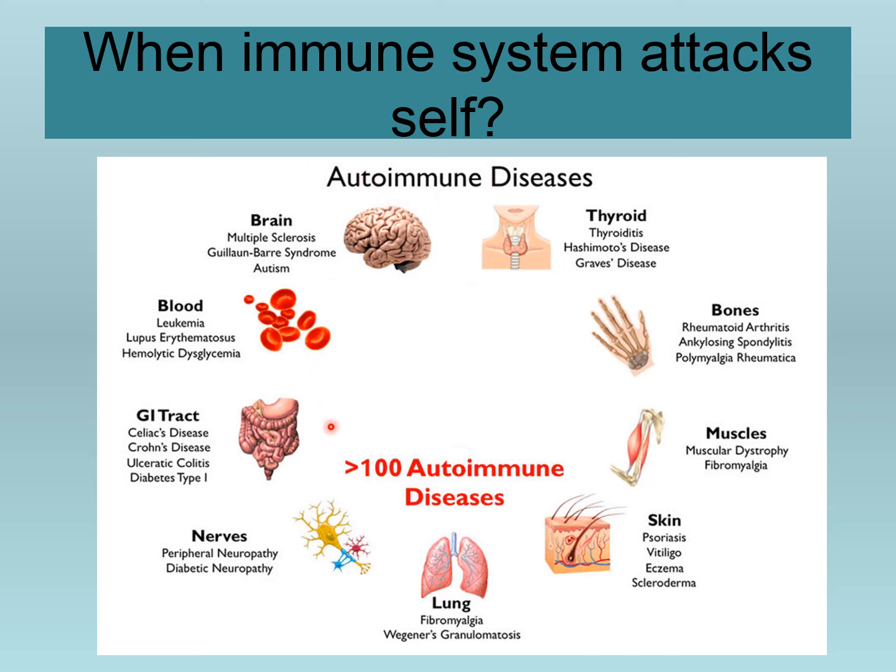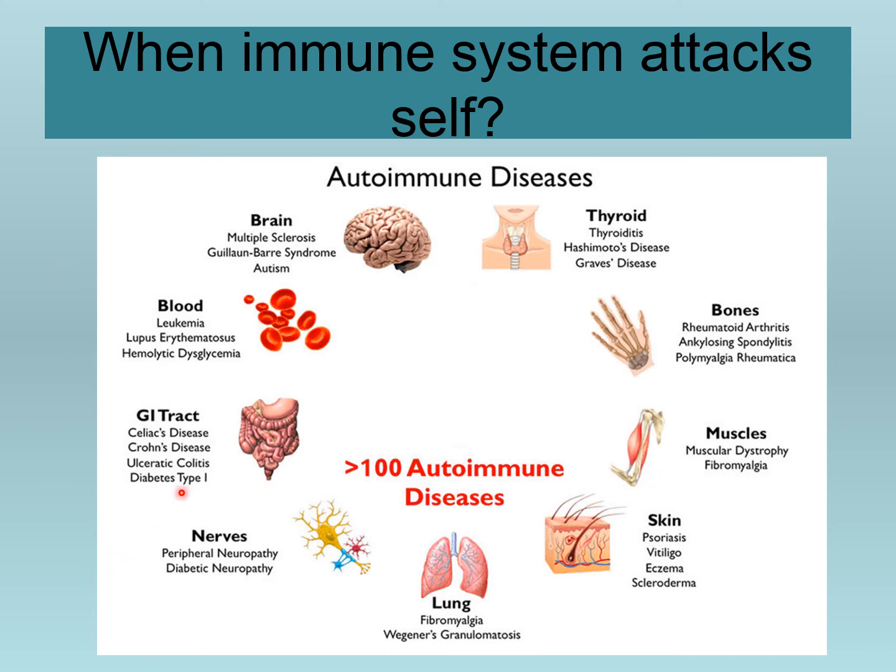Some of these diseases are listed here, for example, rheumatoid arthritis, GBS, diabetes type 1. In autoimmune diseases, the body produces autoantibodies. These autoantibodies attack healthy cells and result in damage.